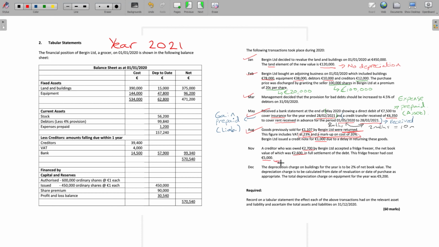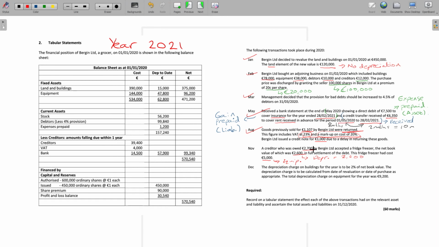So the 5,000 is going to be coming out of our equipment account, or that row. If the net book value is 2,600, then depreciation is equal to 2,400. Remember, whenever we dispose of an asset, we have to get rid of all the depreciation associated with it.